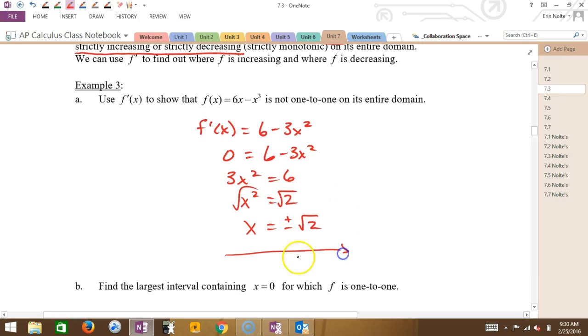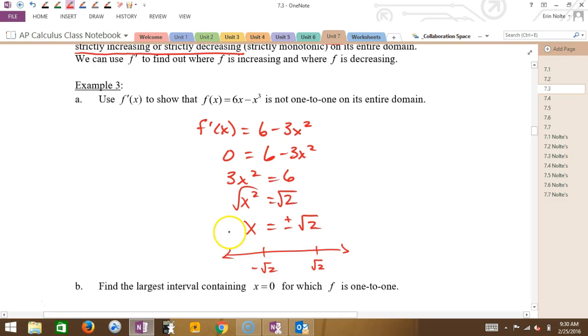So I'm going to do my number line and see what happens. What is a value that is smaller than negative square root of 2? Negative 3 would work. If I plug negative 3 into the first derivative, what would you get out, a positive or a negative?